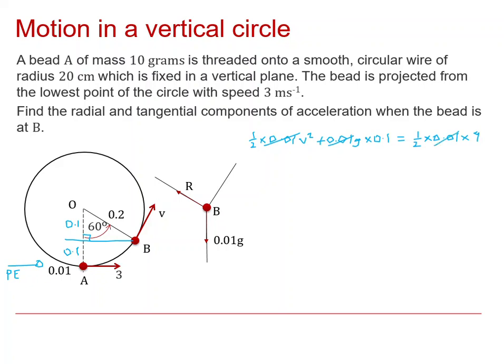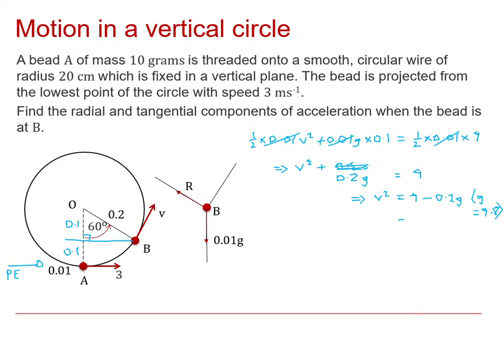And we can multiply by 2 to get v squared plus 0.2 g. That's a 2. I'll cross that out and start again. 0.2 g. That equals 9. So v squared is 9 minus 0.2 g, and we're using g equals 9.8.